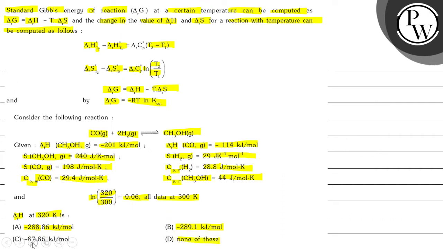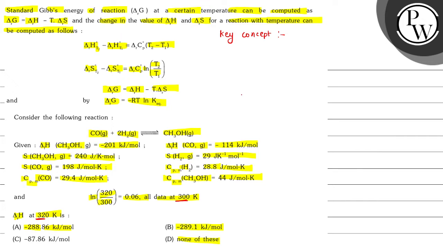Now we have to calculate the values. Firstly, let us write the key concept. In this question it asks about the change in enthalpy at 320 Kelvin, and the data is at 300 Kelvin.